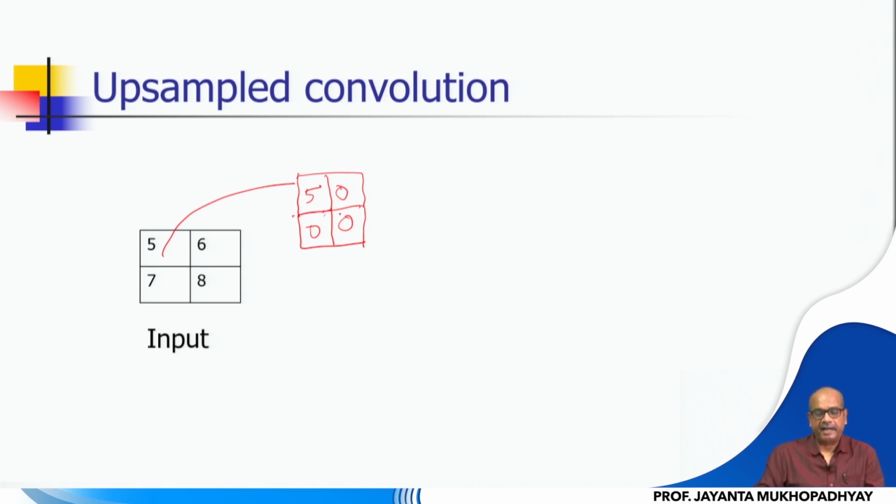But additionally, after that, there is a kernel, a filter with which you are convolving it, and you are getting the resulting upsampled value.